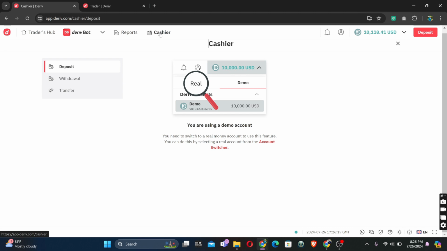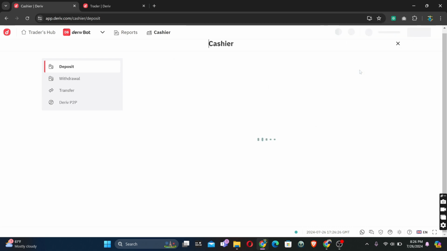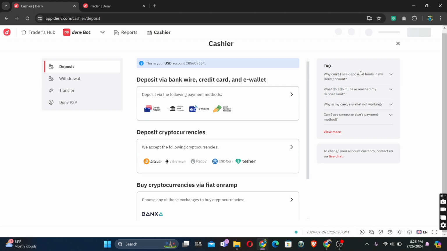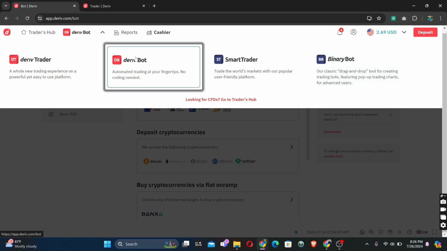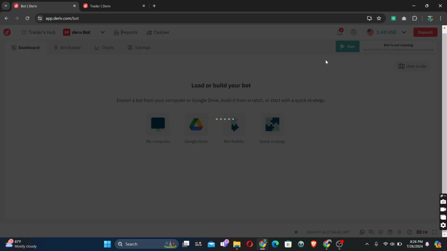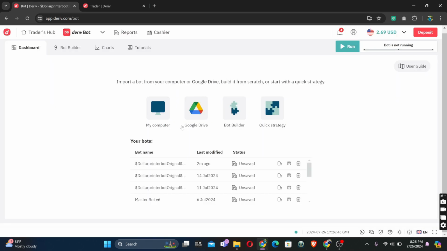The other thing is, let me go to the live account, because this is how you switch it. Some people even test on the demo account before they go to the live account. Remember, we also have the binary bot, but this seems to be the old version, and now Deriv Bot is the newest version.